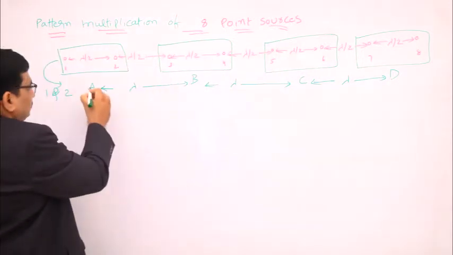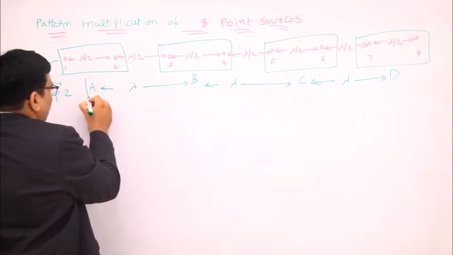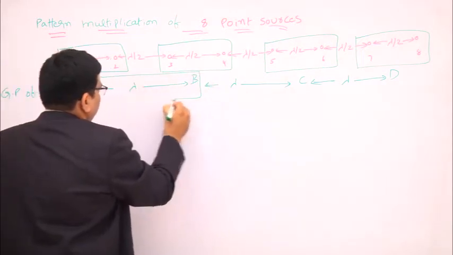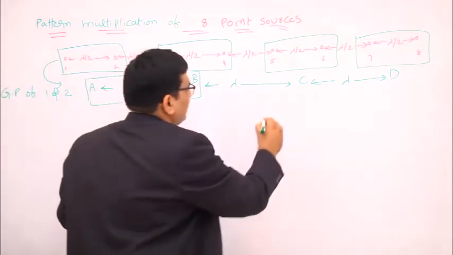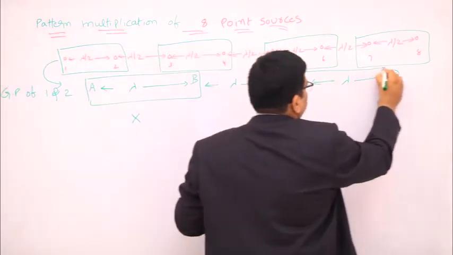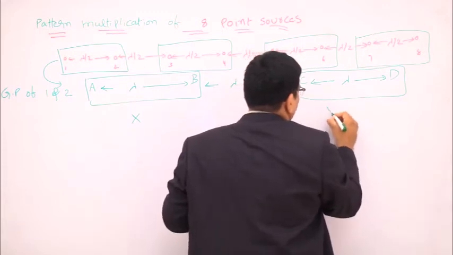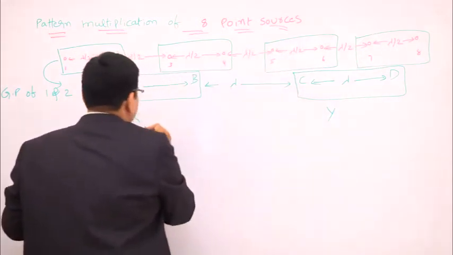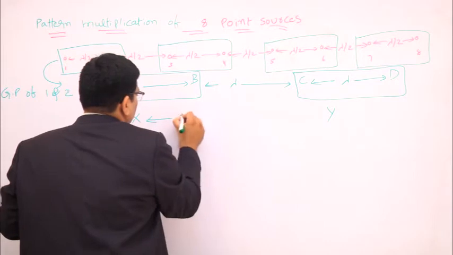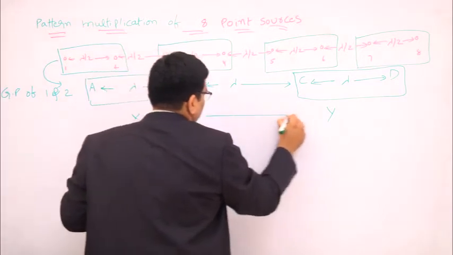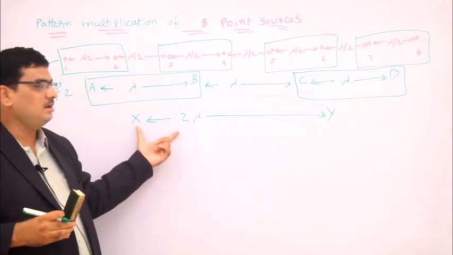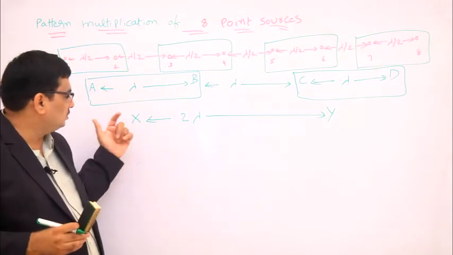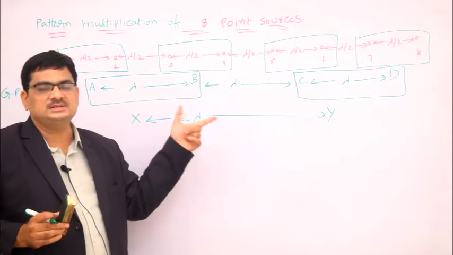Again these can be grouped into another group: A and B is one group that we can call X, and C and D we can call another group, Y, and the separation between these two groups is 2 lambda.